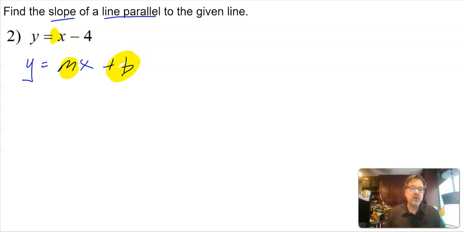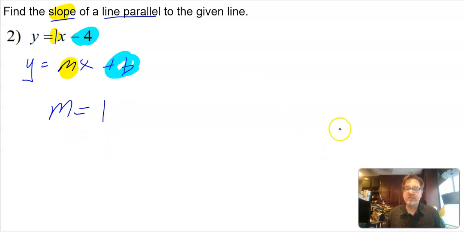And b is the y-intercept. Alrighty, we want slope, so I want the number in yellow. So what is the number before the x? It's not written there, so we understand it to be a 1. So the slope of a line parallel to this line is 1.